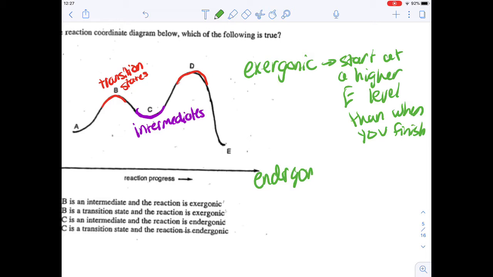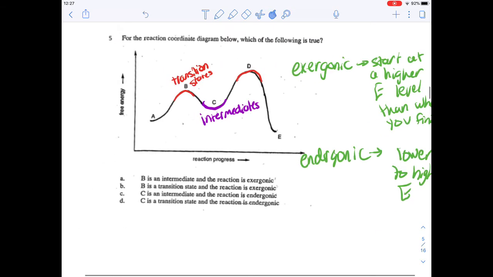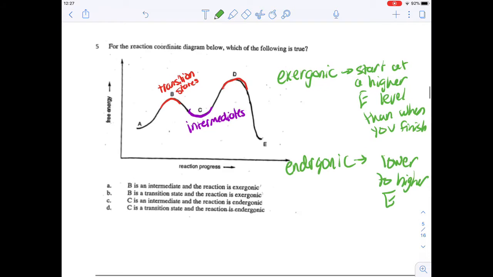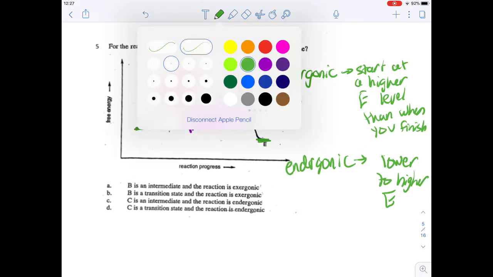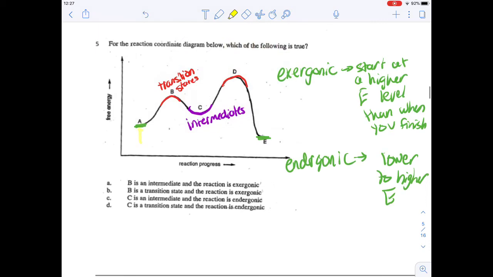Endergonic means you go from lower to higher energy of the overall reaction, right? So in this case, we're starting here and we are finishing here. So this difference is a drop in energy, which means that our reaction is going from high energy to low energy, which means it is exergonic.